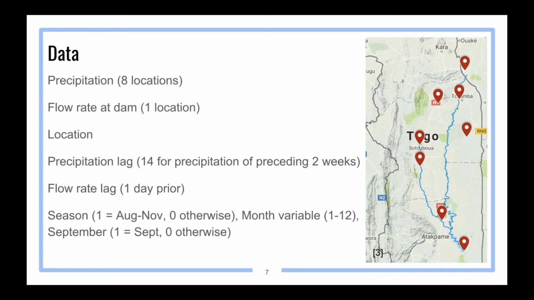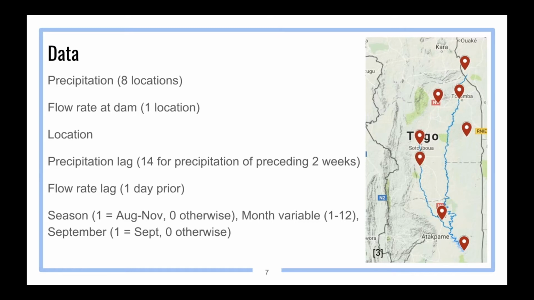We added 1 flow rate lag, and we added some seasonality variables, indicating if it was a rainy season or not. We added a month variable, and a variable to indicate if it was September or not, for the measurements of these data.